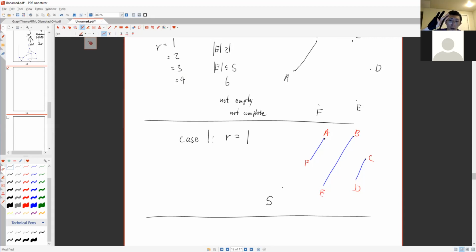Then there's 4 people left. I choose any one of the 4. And there are 3 ways to pair up the 3 remaining people with that 4th person, right? So once I've chosen A with F, for instance, and B with, let's say, E, then there's only 2 people left, and there's only 1 way to pair them up. So it's 15.